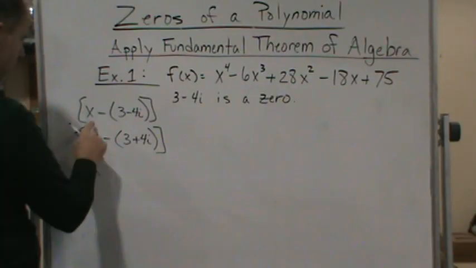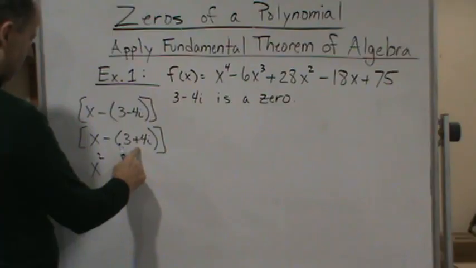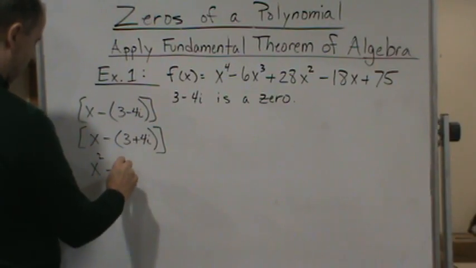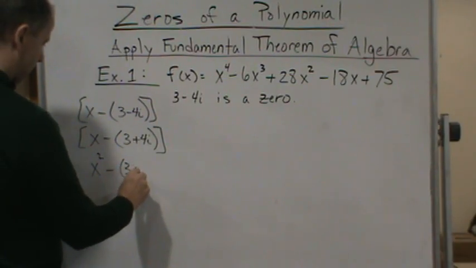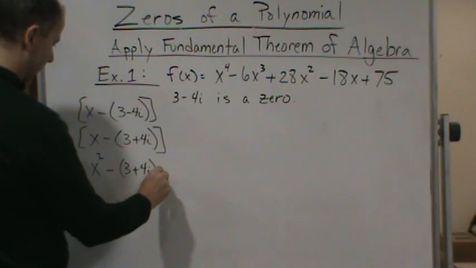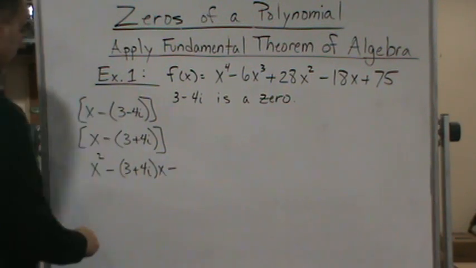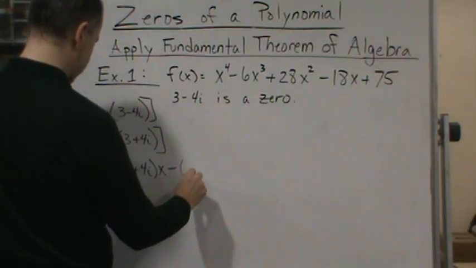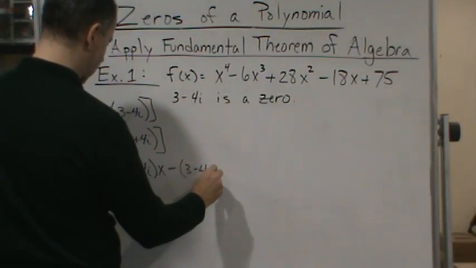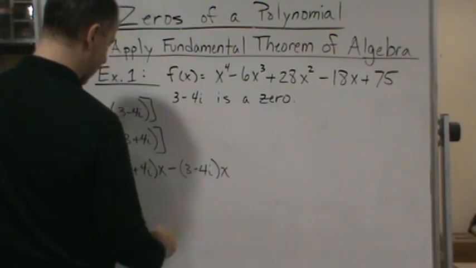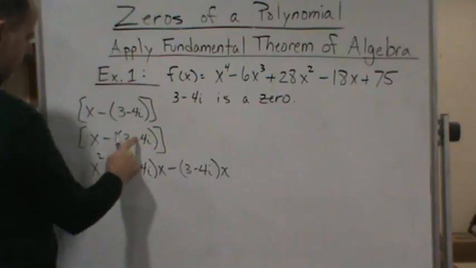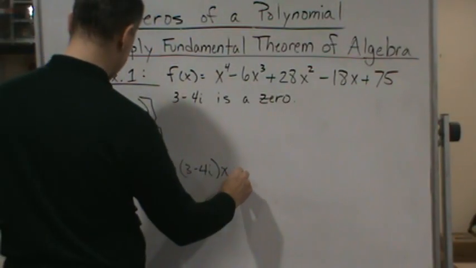Okay, then we're going to do x times this, so that's going to be minus 3 plus 4ix, then minus 3 minus 4ix, and then these multiplied together are going to give us what?